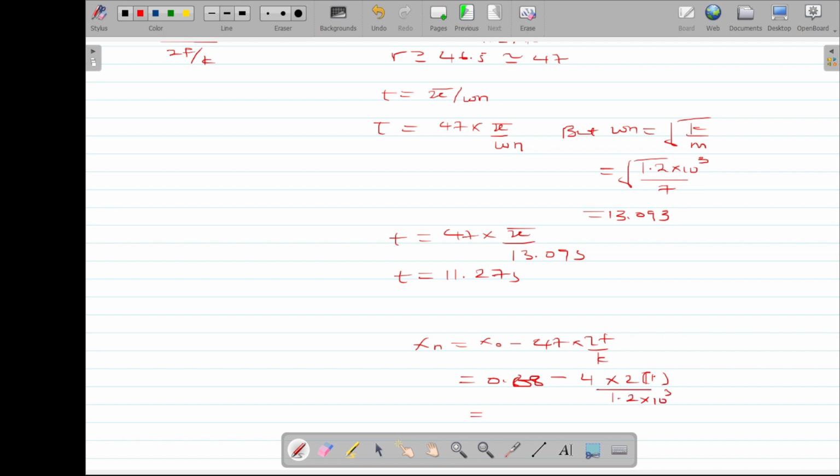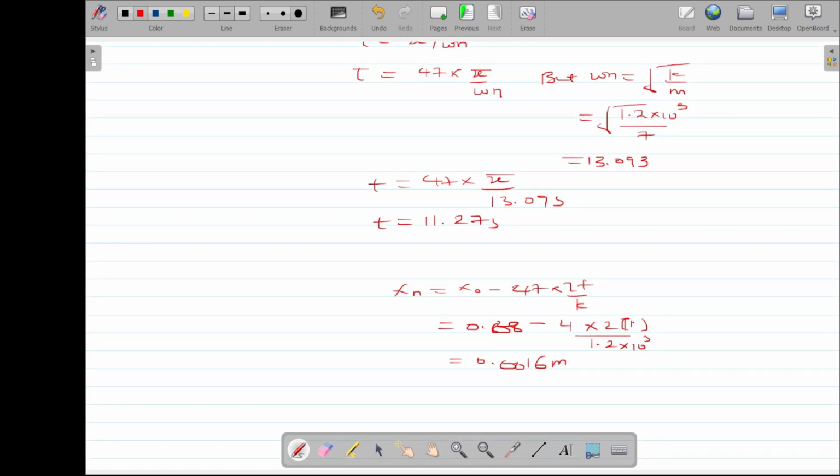And that gives us 0.0016 m, which implies x to be equal to 1.6 mm from the equilibrium position.